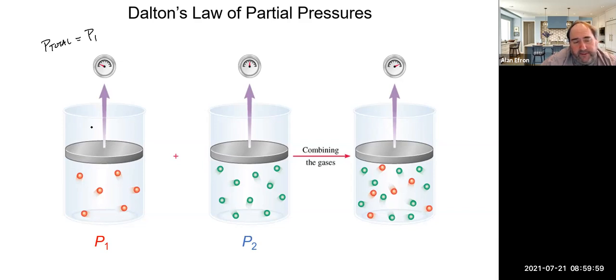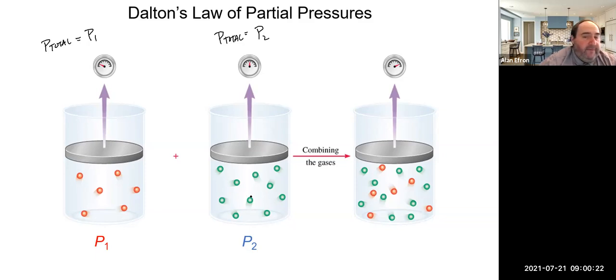Its contribution is all from those red gas molecules as they're flying around, hitting the container. If we look over here, we've got some green gas molecules, and those are the only gas molecules in that particular container. That means that the total pressure here would be a result of their pressure as they're flying around.